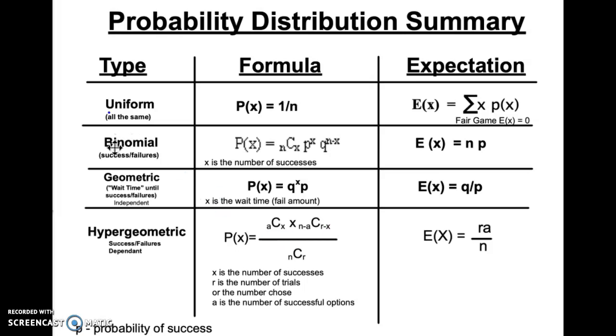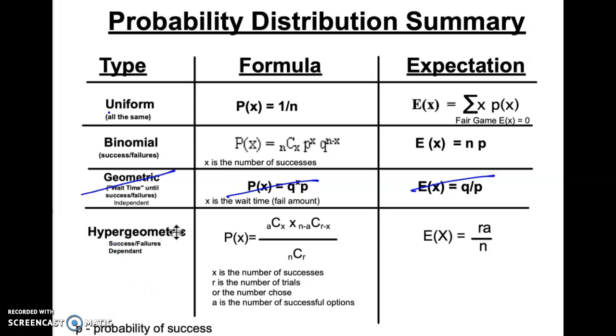We learned about binomials yesterday. So that's where it's independent events, a specific number of trials, and success or failure. Okay, and we have a formula for both calculating the probabilities and calculating the expected values. Geometric, that is one that involves wait times. We did not do this one, so we will skip that.